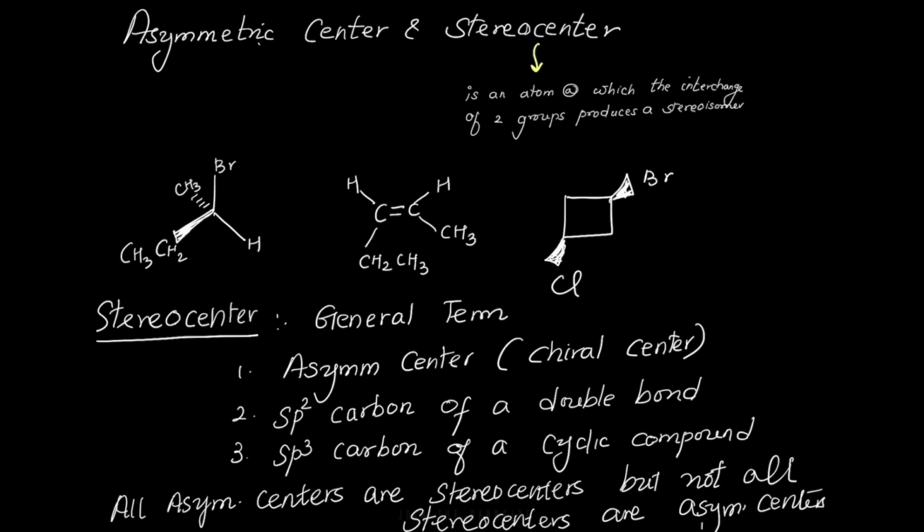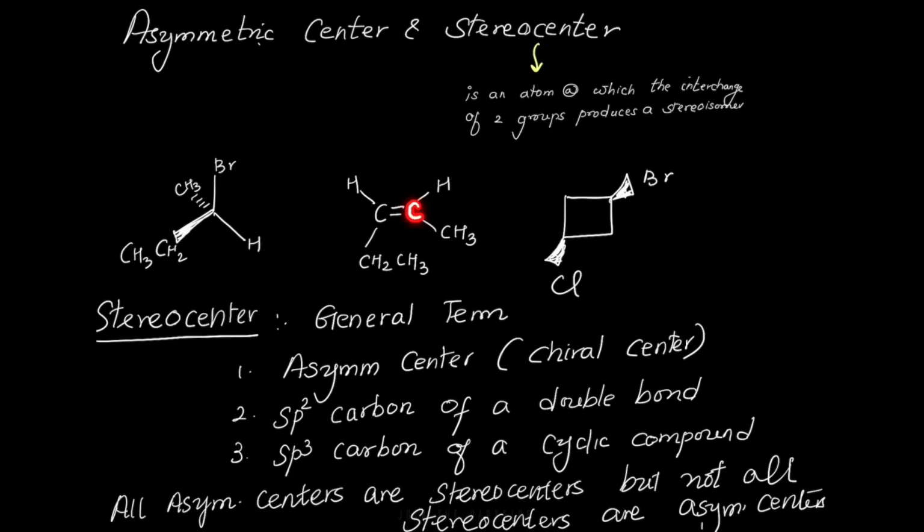Okay, stereocenter is basically an atom at which the interchange of 2 groups produces a stereoisomer. So here is an example for it. In our cis and trans configuration, we have seen that you can interchange the 2 groups to convert from cis to trans configuration, or vice versa.